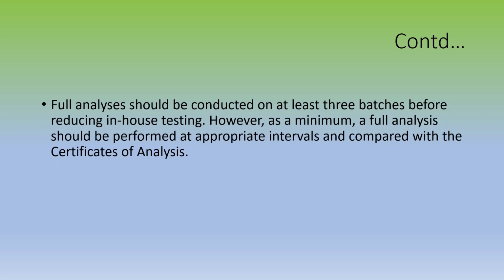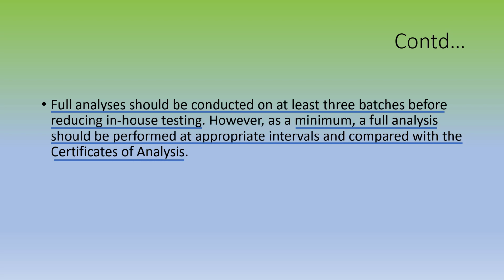Full analysis should be conducted on at least 3 batches before reducing in-house testing. However, as a minimum, a full analysis should be performed at appropriate intervals and compared with the certificates of analysis. This is important. A minimum of 3 consecutive batches of supply should be tested fully for compliance before making into reduced testing schedule.